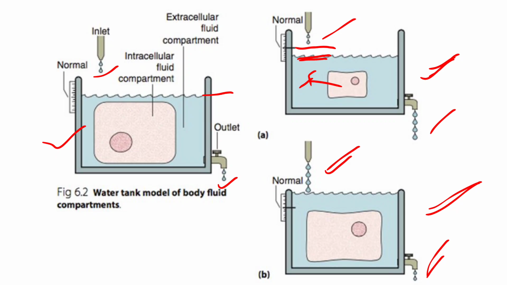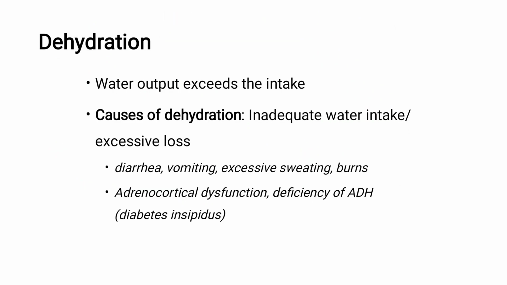In this, the extracellular fluid volume increases, and since the water content in the ECF increases, osmolarity decreases. When the osmolarity decreases, the water moves from the ECF into the cell, leading to swelling of the cell. So this is the better model to explain the concept of dehydration and overhydration.